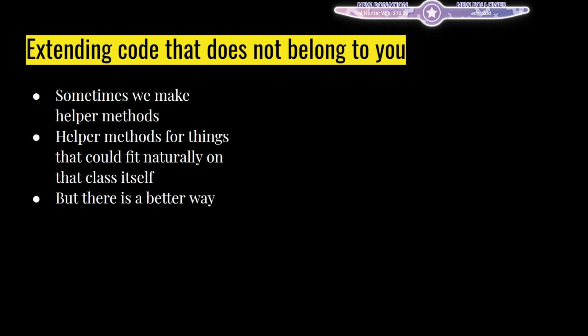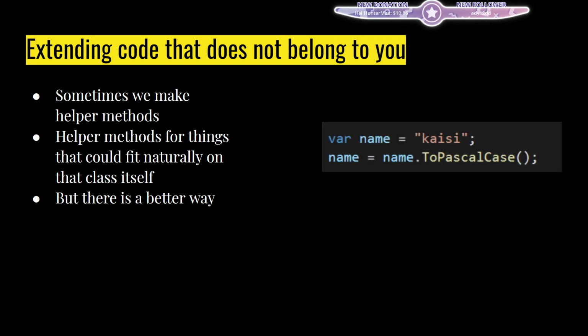And there is a way to do that, and that is called extension methods. So here's an example of what I mean. Name is a string. And here I say that string suddenly has a method ToPascalCase. Of course it doesn't have this method. That's just something that I made up. But you can make things up like that through extension methods.